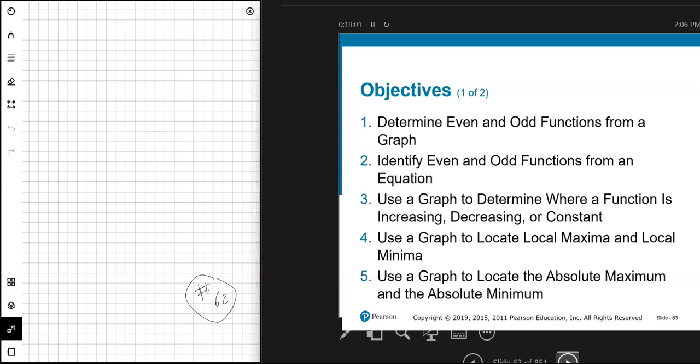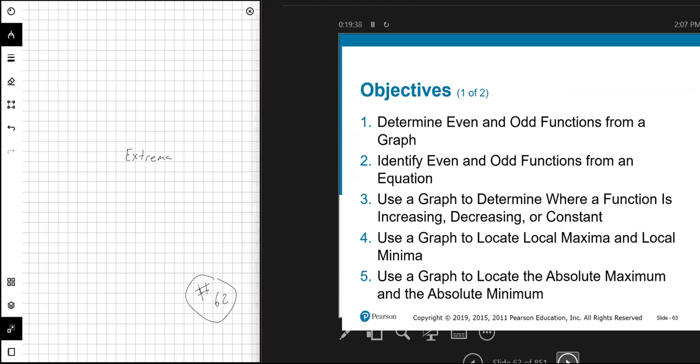There's another word here, extremes. So sometimes you'll see this word extrema, which is plural for extreme. And so you have the extreme values. A maximum and a minimum are extreme values, so they're called extrema when we're talking about those two things. Okay, and then we can use a graph to locate those.